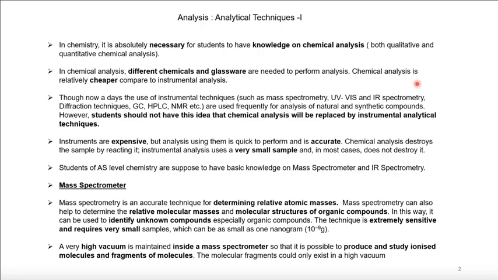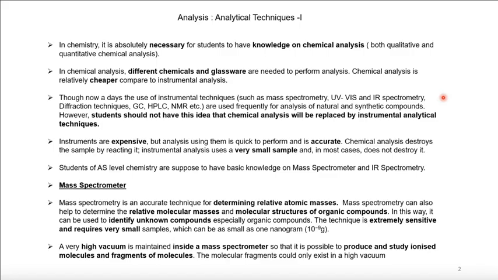And I have to mention that almost all chemists need to know the qualitative and quantitative analysis. All chemists, there is no way out that you become a graduate of chemistry without doing qualitative and quantitative chemical analysis.